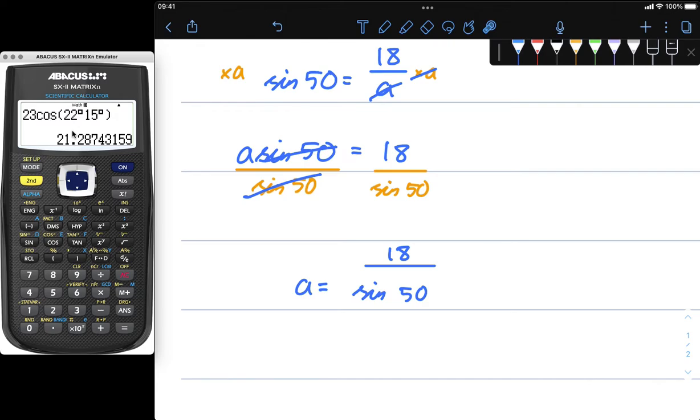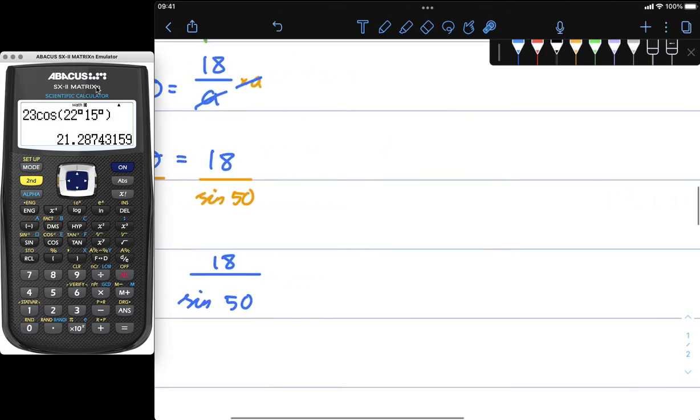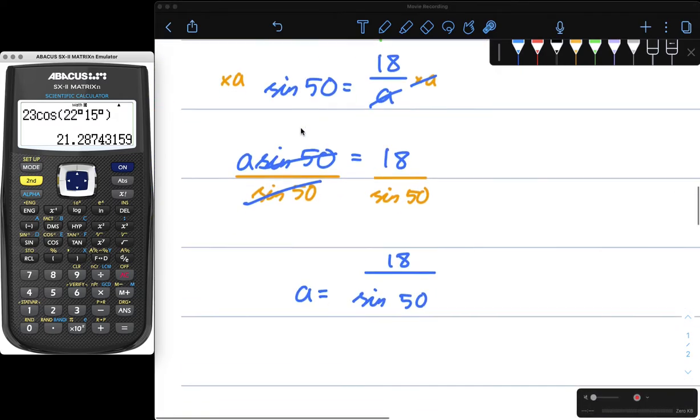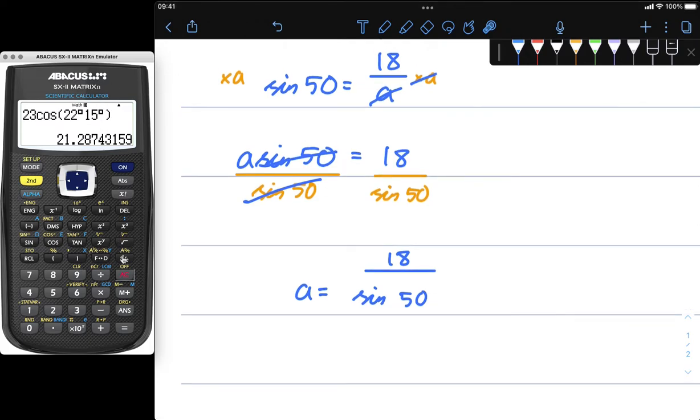So typing this in, fraction first, 18 over sine 50, making sure you close the brackets like so.